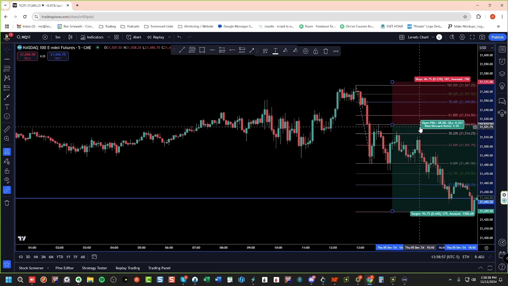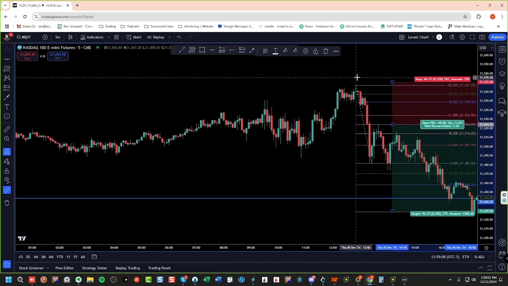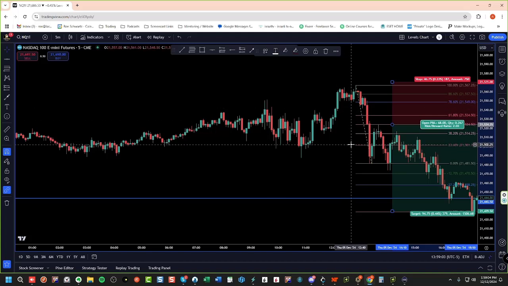Now, you guys have heard me say where I've been in a trade for 4, 5, 6 hours. That's a 5-minute trade that has basically a 100-tick risk to 630-tick profit.